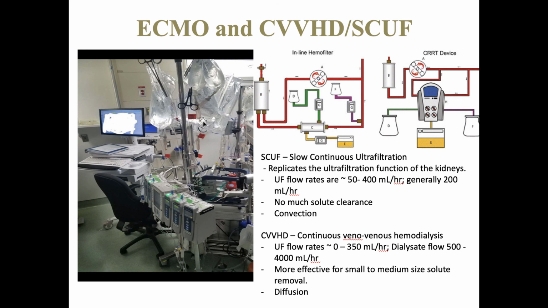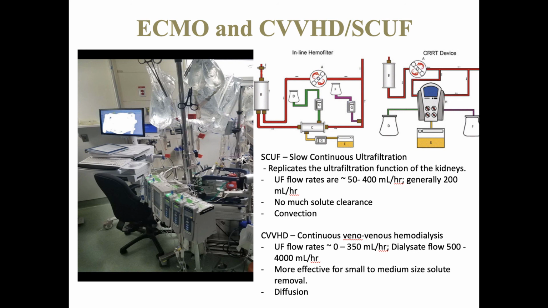So we're generally changing these bags based on their potassium concentrations, but this is all going into our ECMO circuit, and we have this going into our hemofilter like this, and we're pulling off fluid into our effluent bags down here, and we're measuring that. All right. It's scary. It's a lot of stuff going on. This is because this physician specifically does not want to work with renal, so we do it ourselves.